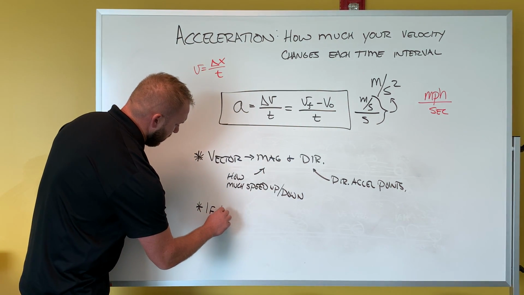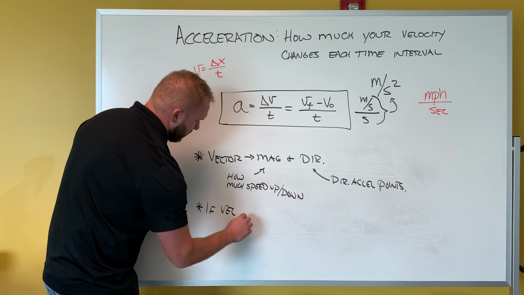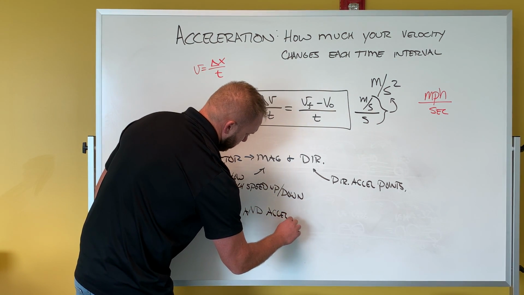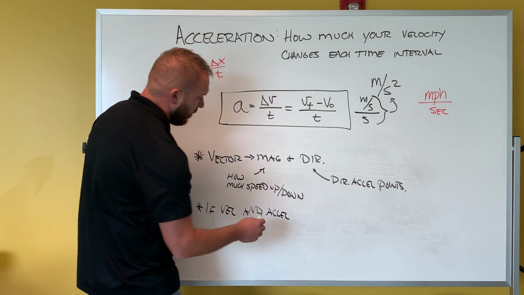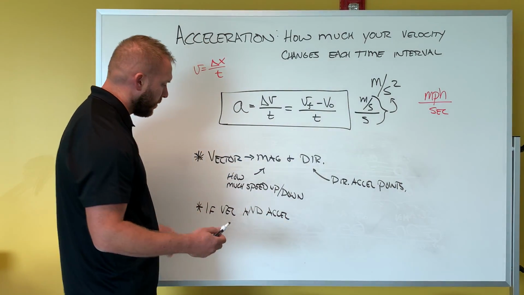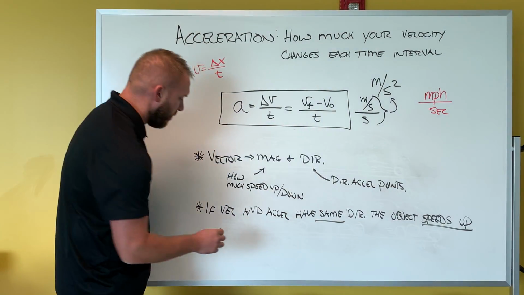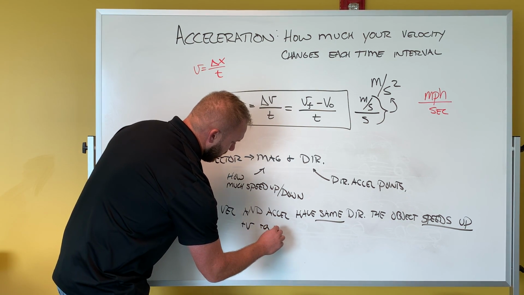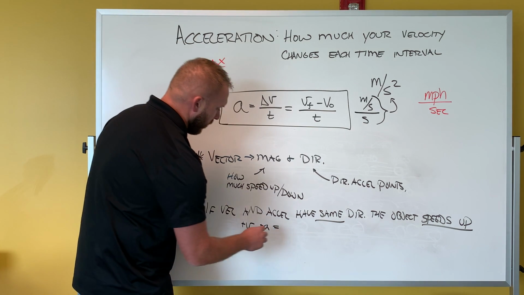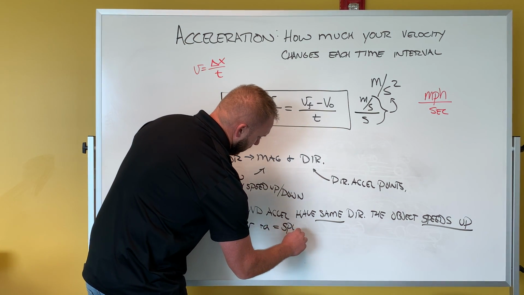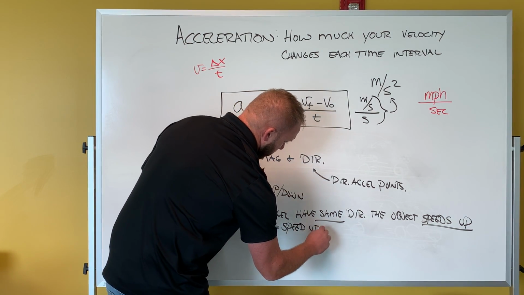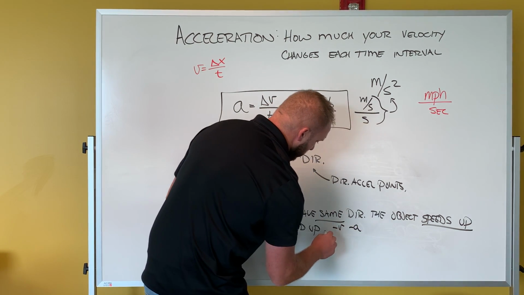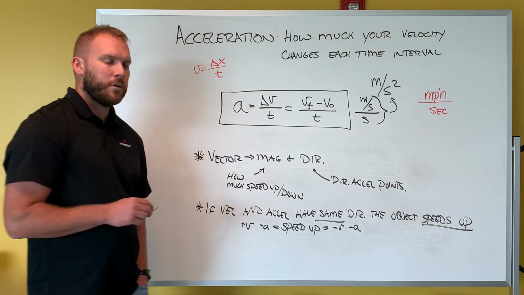If the velocity and the acceleration have the same direction, then something is going to speed up. Meaning, if we have a velocity is positive and acceleration is positive, that means speeding up. Or, if we have a negative velocity and a negative acceleration, that also means speeding up.